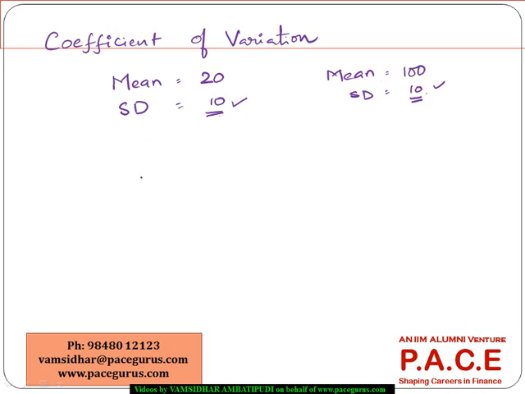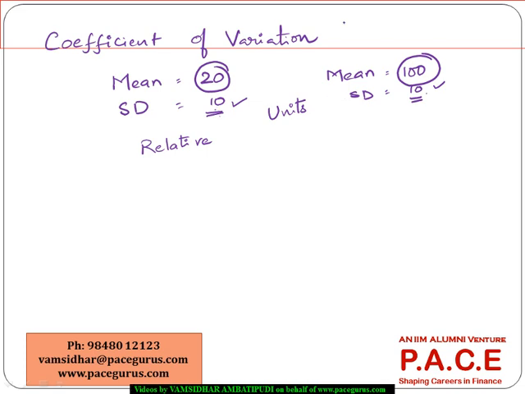Right? So, what I typically want is, if the data sets are there where the mean is extremely different or the units are completely different, if I want to compare the relative risk, which one of these two is more risky?